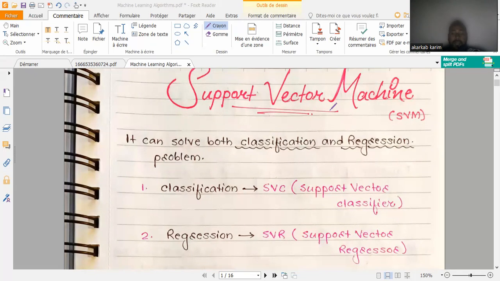I mean, the first type of machine learning. In this session, I will explain what the support vector machine is and what the math behind this algorithm is.